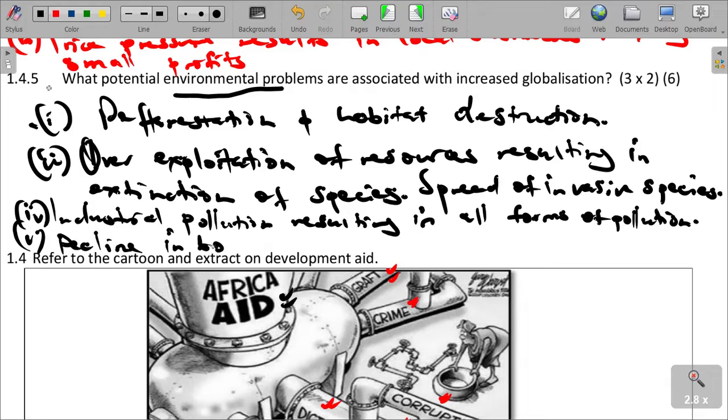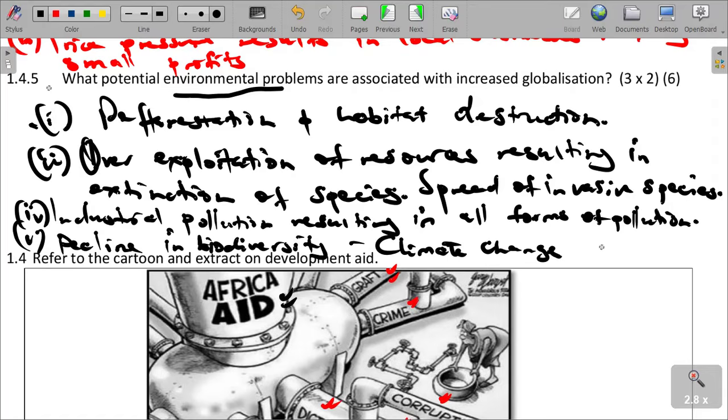Decline in biodiversity, our species become less because of that. And then finally we can talk about extreme weather conditions such as climate change, which is caused because of this.